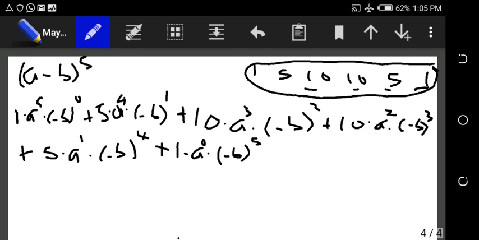So our a has decreased from 5, so we'll have 5, 4, 3, 2, 1 and 0, whereas our b has gone from 0 to 1 to 2 to 3, 4 and 5.